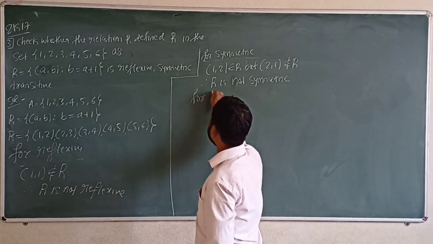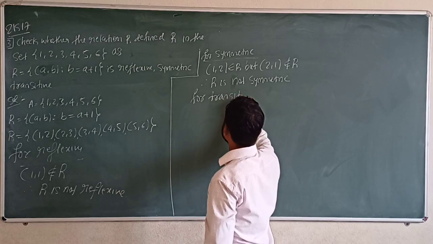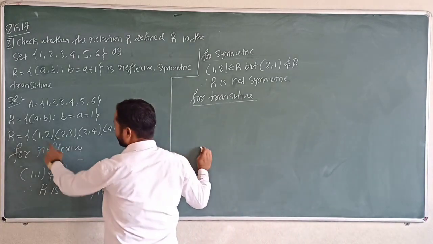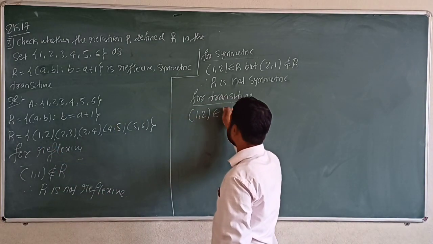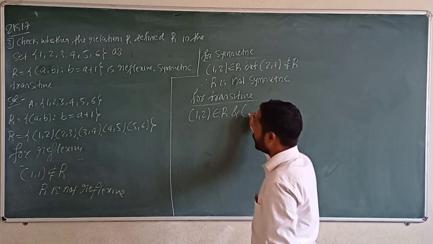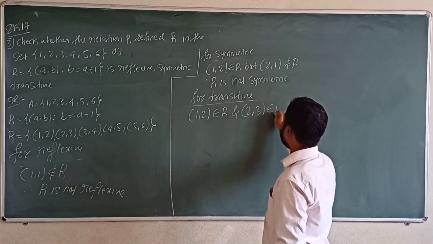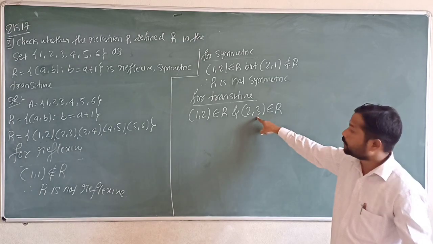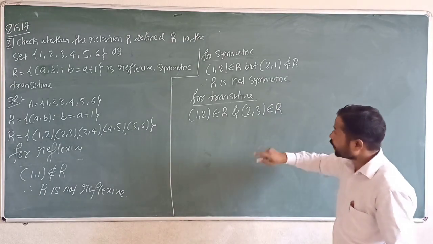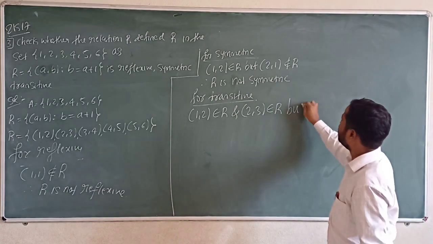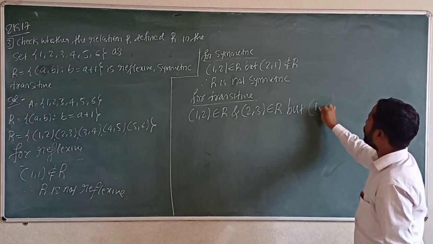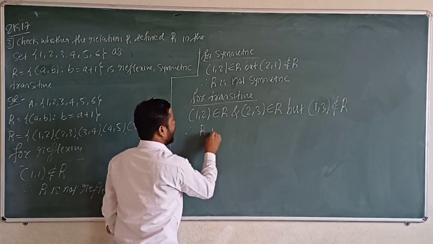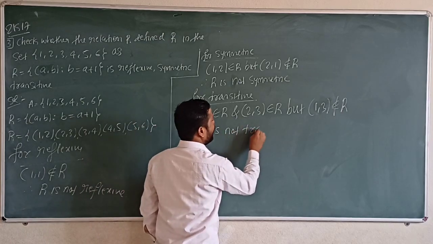Take the last case, that is transitive. Transitive means (a, b), (b, c) imply (a, c). Take 1 comma 2, which belongs to R, and 2 comma 3, which also belongs to R. That is AB and BC. AC means 1 comma 3, but 1 comma 3 does not belong to R. So therefore R is not transitive.